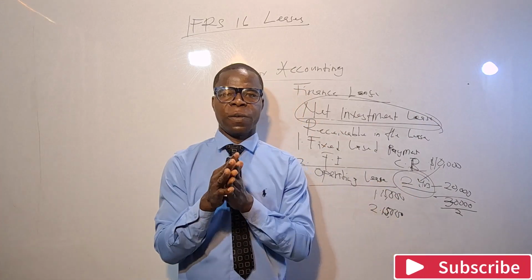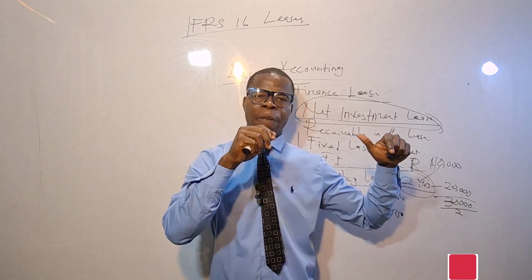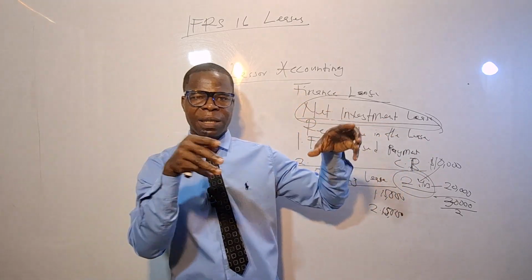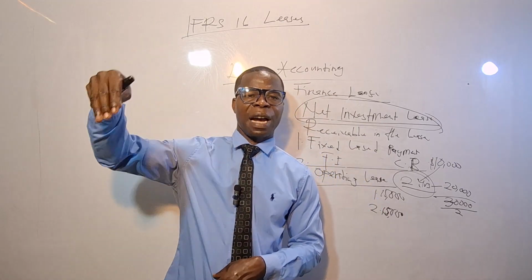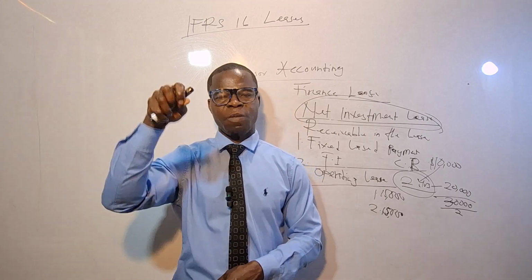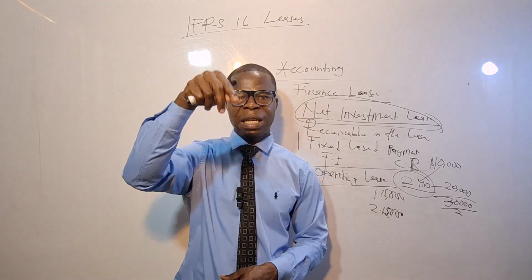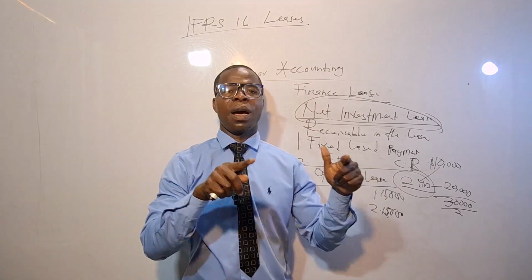How do we account for a sale when the lessee, who is the seller, sells to a buyer, and that transaction meets the provisions of IFRS 15, revenue from contracts with customers? Then the lease contract can be accounted for as a sale and lease back.